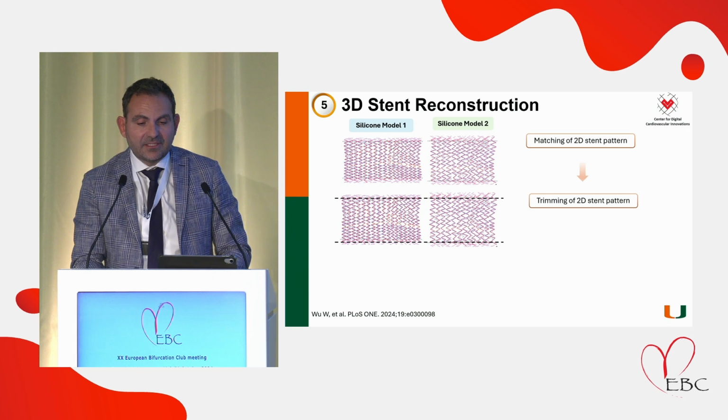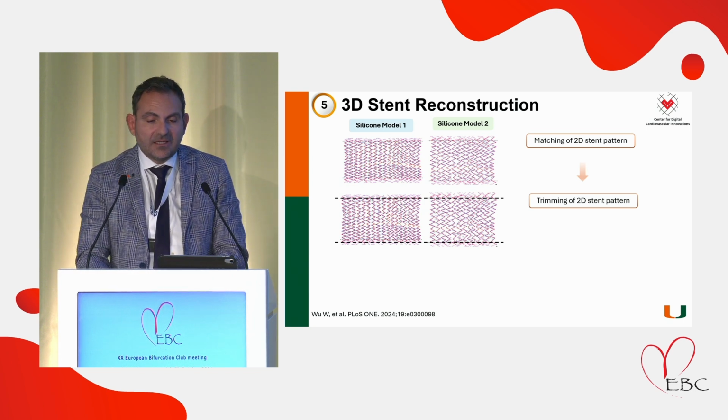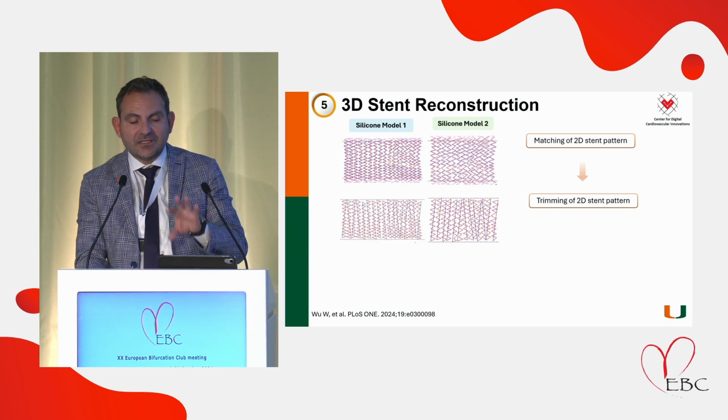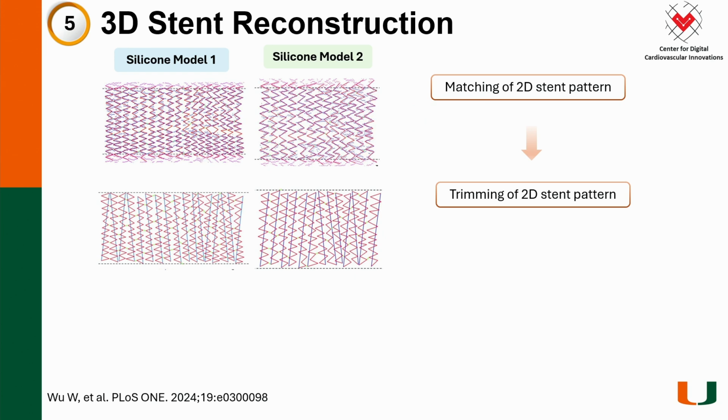As shown here, then we trim this 2D pattern, just the edges. And now we have in 2D the particular configuration of the stent struts, matching the manufacturer design to the actual, individual case's segmented stent struts.